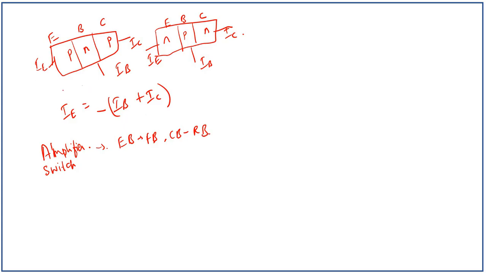So the emitter base junction should be forward biased, meaning P connected to positive, N connected to negative. This is forward bias. Here reverse bias, so N connected to positive and P connected to negative. Same way here, this should be forward bias, so negative and positive. This should be reverse bias, so P connected to negative and N connected to positive.